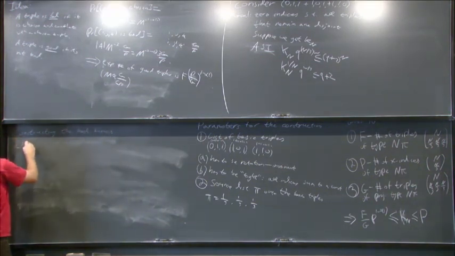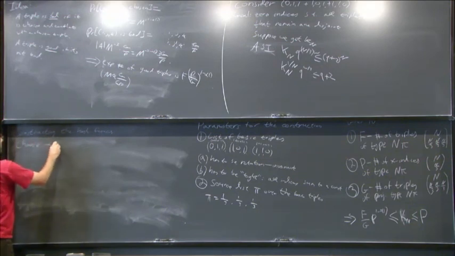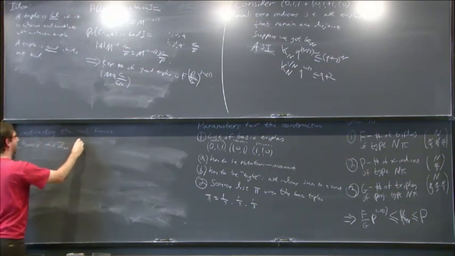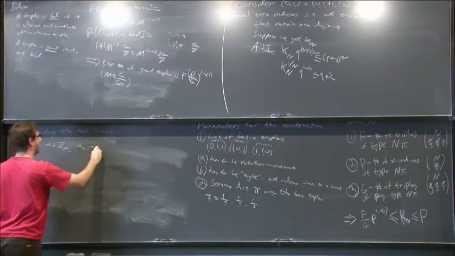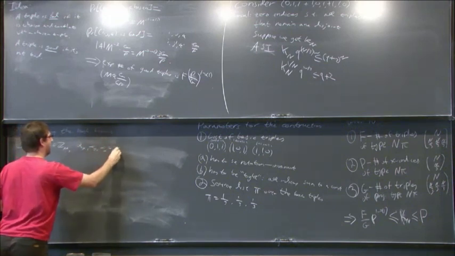Okay, so we choose alpha from Zm randomly, and then alpha x, alpha y, alpha z from Zm randomly under the constraint that they all sum to 0.